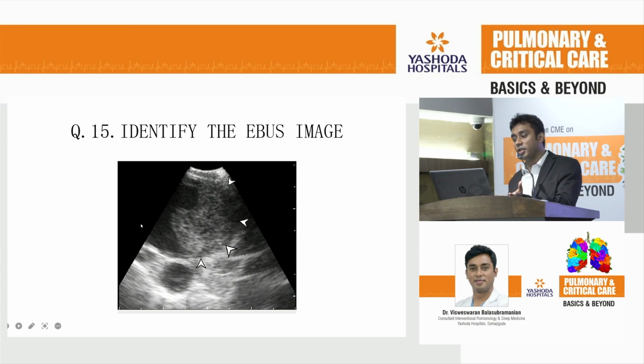So what you are seeing here? How can I see a blood vessel? In which investigation can I see a blood vessel? With an ultrasound, as a pulmonologist, where will you see a blood vessel? EBUS. Right? So what are you seeing inside that? Exactly. Pulmonary embolism. Sometimes in your EBUS you can find a filling defect. So this is a pulmonary embolism. Okay, that's it. Thank you.